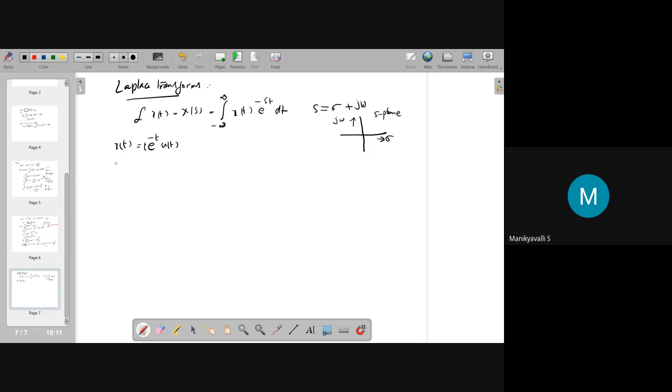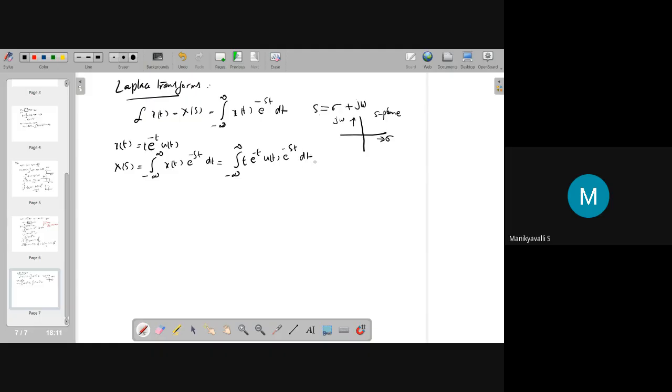Then Laplace transform of x of t, that is X of s, is equal to integral from minus infinity to infinity of x of t into e to the power of minus st dt, which is the integral of t into e to the power of minus t u of t into e to the power of minus st dt.